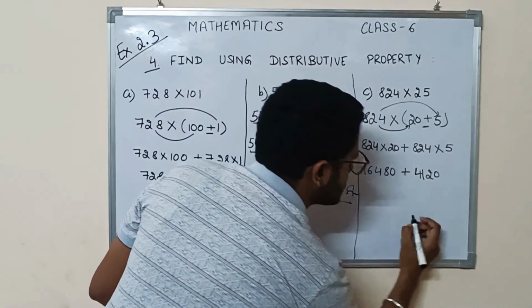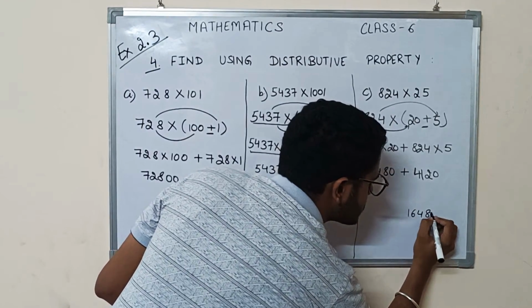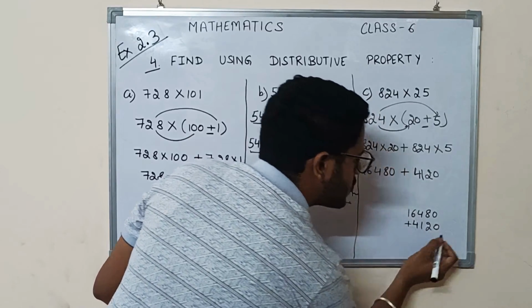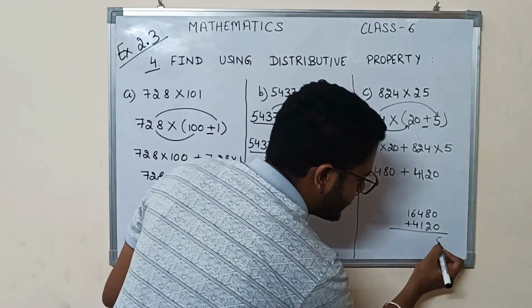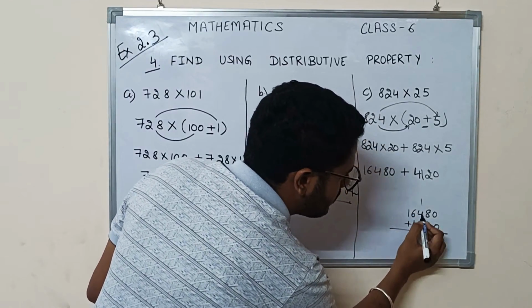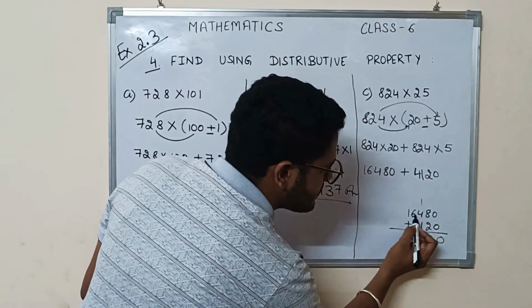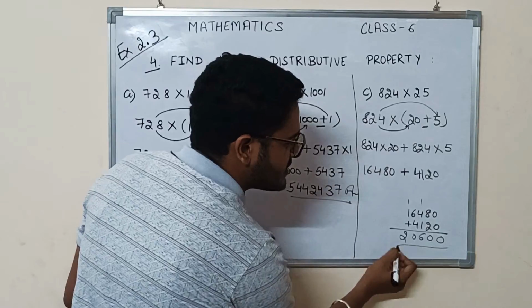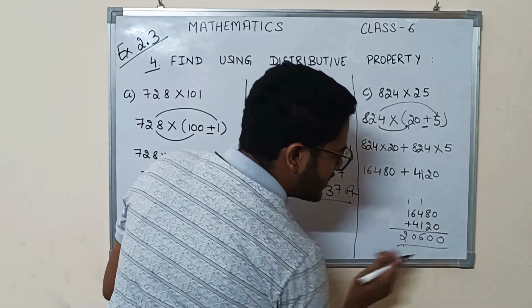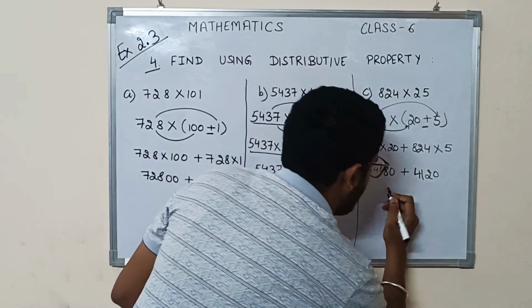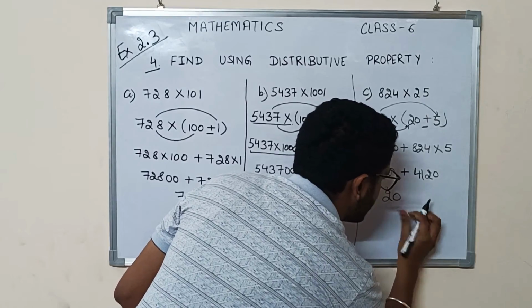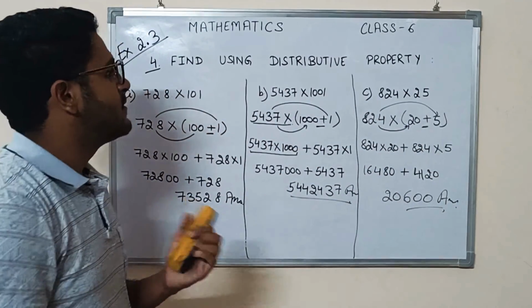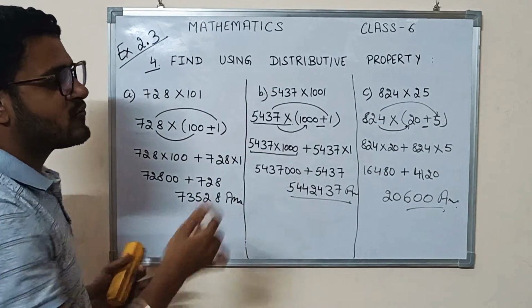Now let's add these values: 16480 plus 4120. 0 plus 0 is 0, 8 plus 2 is 10, 4 plus 1 plus 1 is 6, 6 plus 4 is 10, 1 carry, 1 plus 1 is 2. So our answer will be 20,600. This is how we use the distributive property to find our answers.